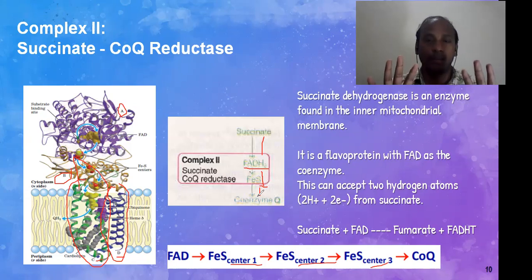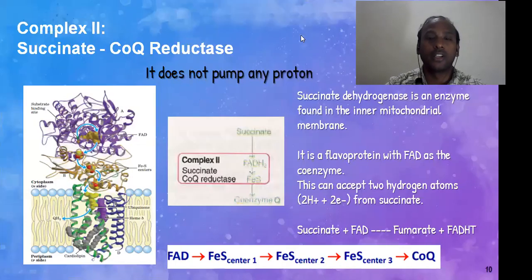This we should remember. NADH electrons enter from complex 1, and are given directly to coenzyme Q, not complex 2. FADH2 directly gives electrons to complex 2, not complex 1, and complex 2 directly gives them to coenzyme Q. This is the major difference we should understand.